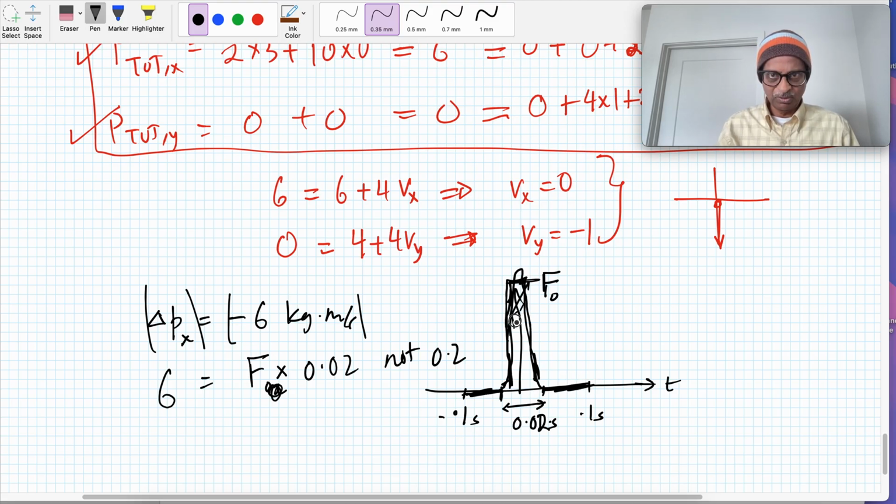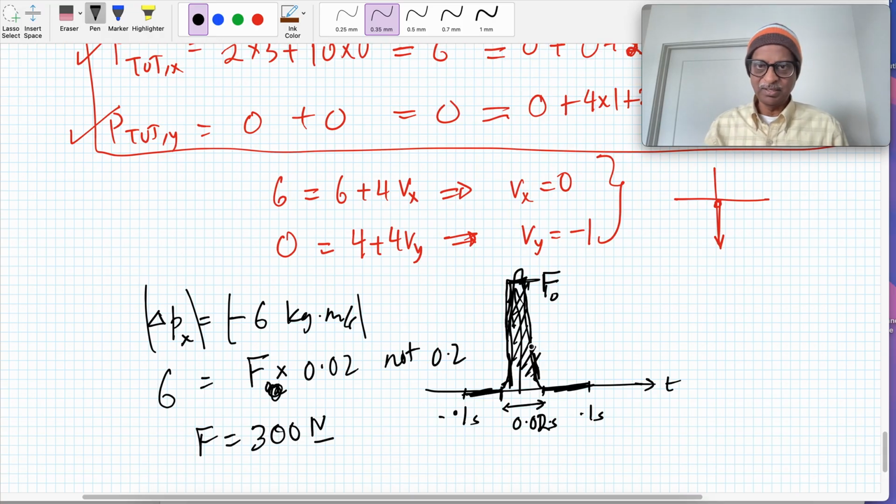So the area would be more here. So this time it will be 300 Newton. So we went from 30 Newton to 300 Newton just by looking at the detail. The detail of what the force looks like can be different from this average force.